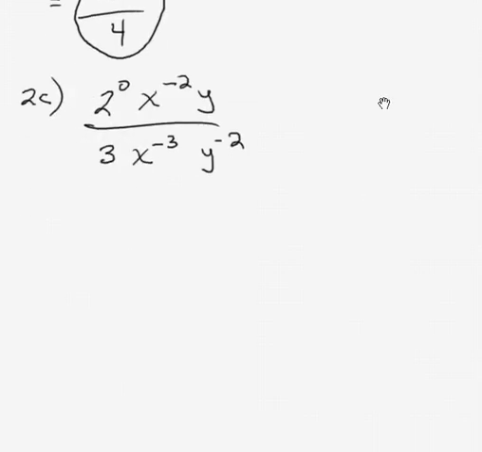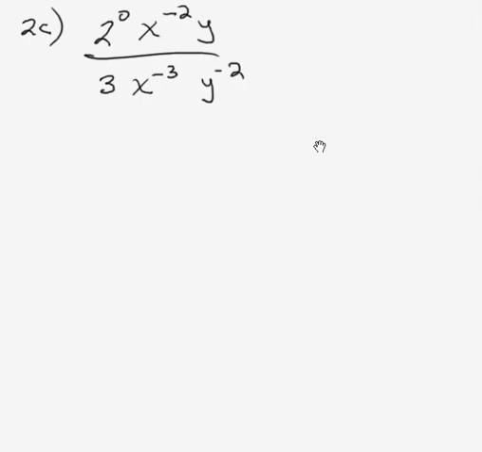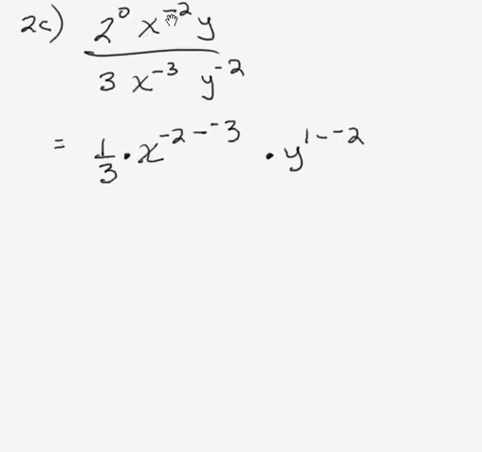All right, let's continue. We have a monomial divided by a monomial in 2c. Let's begin by simplifying. 2 to the 0 power is 1, and 3 is just 3 in the denominator. Now when I'm dividing, and the bases are the same, which they are, they're x, I'm going to keep the base and subtract the exponents, numerator minus denominator, so that's negative 2 minus negative 3. And then I'm dividing still, and the bases are the same, so I'm going to keep the y and subtract the exponents.